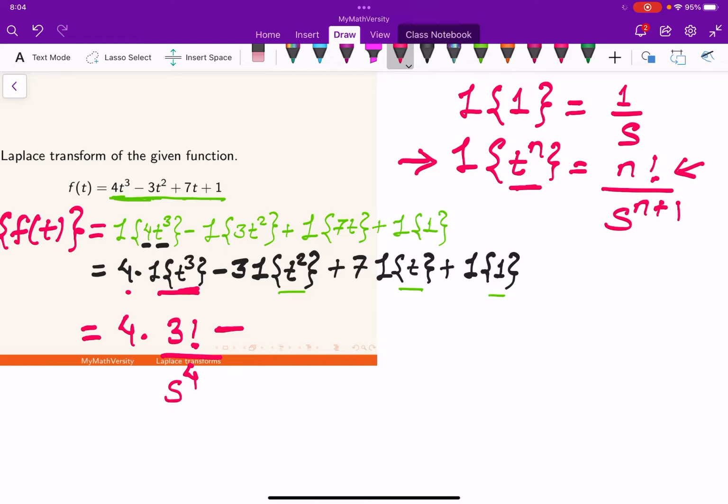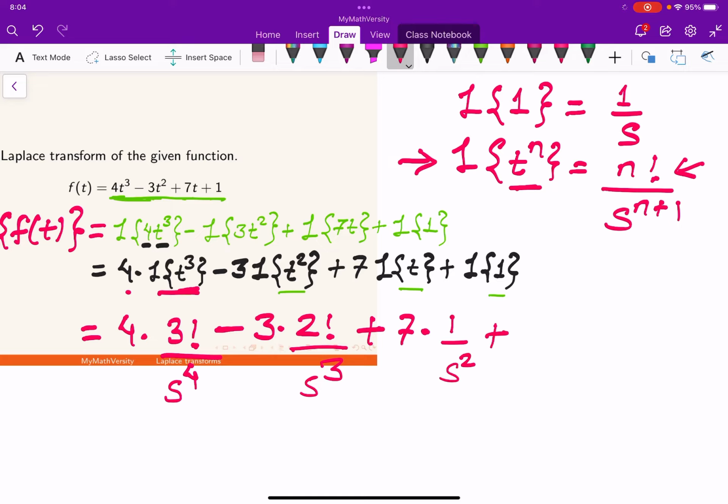Then minus 3 times the Laplace transform of t^2, which is 2 factorial divided by s to the power 2 plus 1, so s^3. Then plus 7 times the Laplace transform of t, where n is 1, so 1 factorial over s to the power 1 plus 1. 1 factorial is 1, so 1 over s^2.